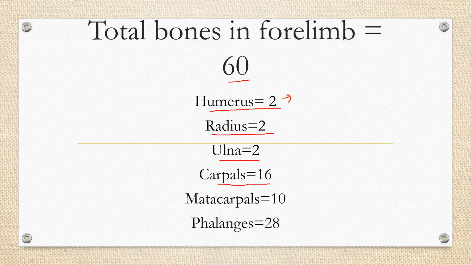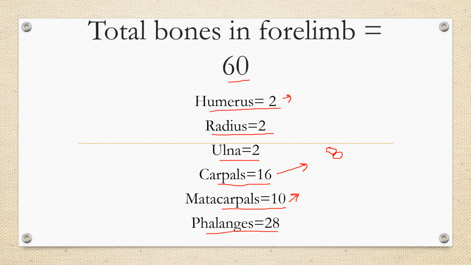The carpals are total 16. As you have studied, the carpals are 8 bones. 8 bones means in one hand or in one wrist there will be 8 carpals, and when you count the carpals of the second hand, then they will be total 16. Metacarpals in one hand are 5 and in both hands are total 10.